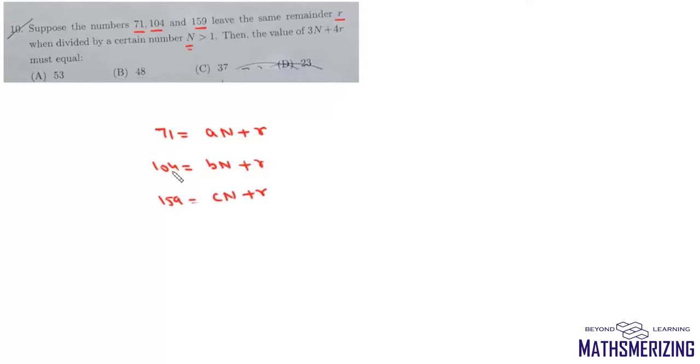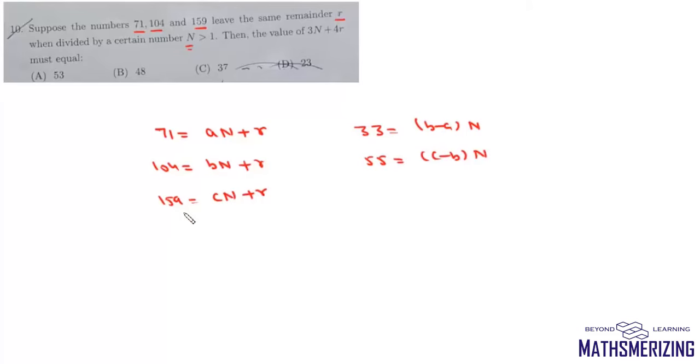Now if we subtract the first from the second, we'll get 33 equals (b minus a) n. Now from the third and second, we can write 159 minus 104, which is 55, and it will be (c minus b) into n.